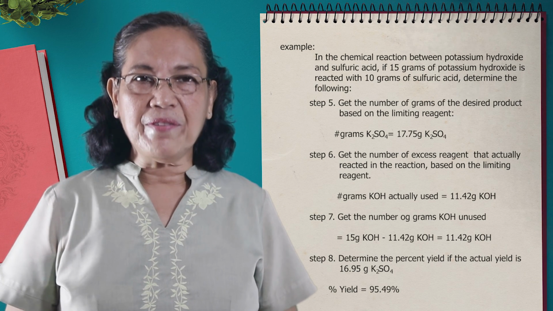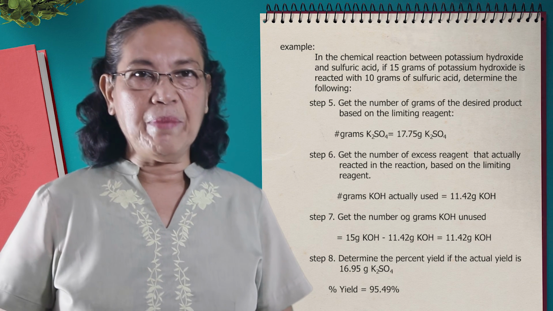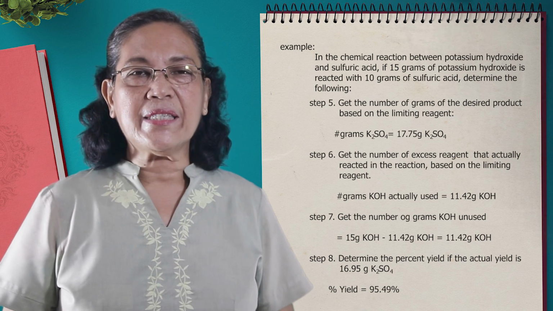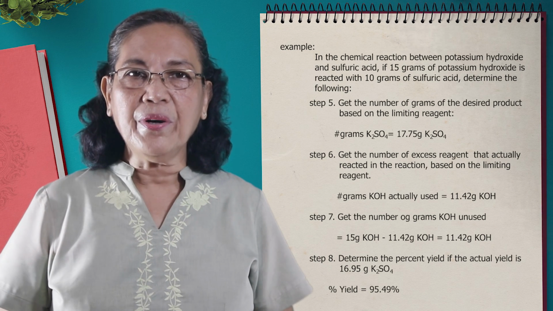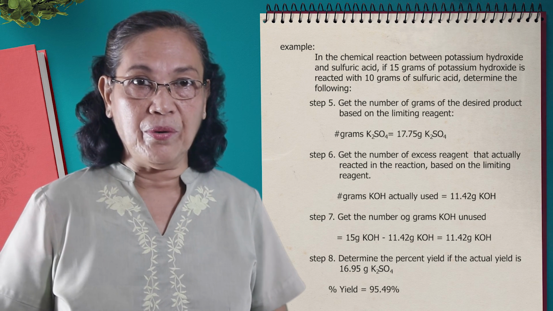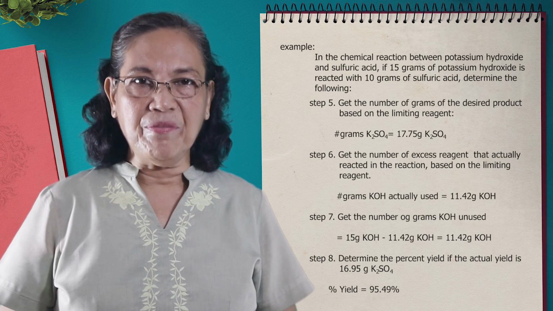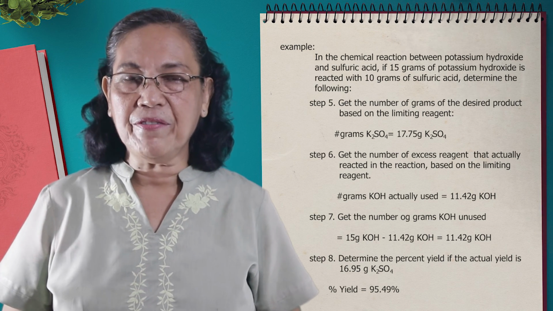Since the limiting reagent tells us that only 0.102 moles of the potassium sulfate can be produced, this number of moles of potassium sulfate will be converted to number of grams.